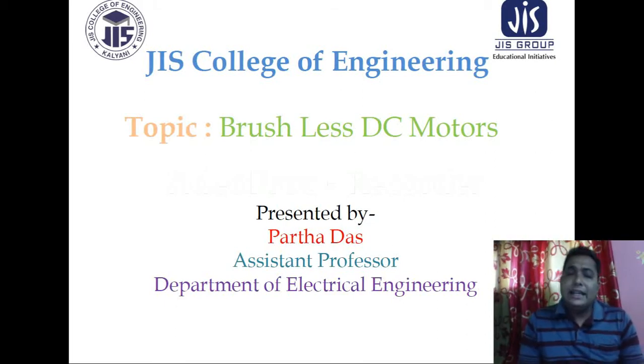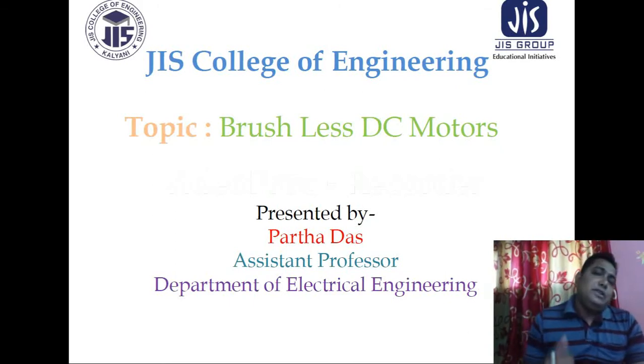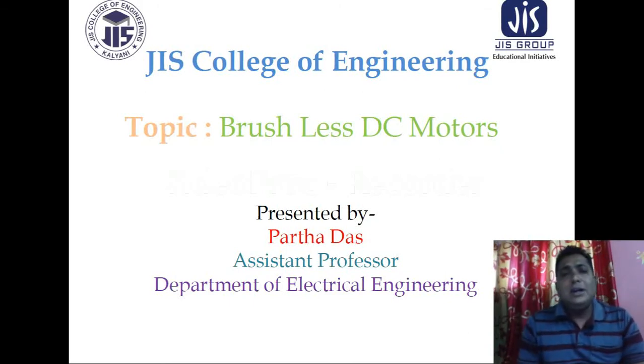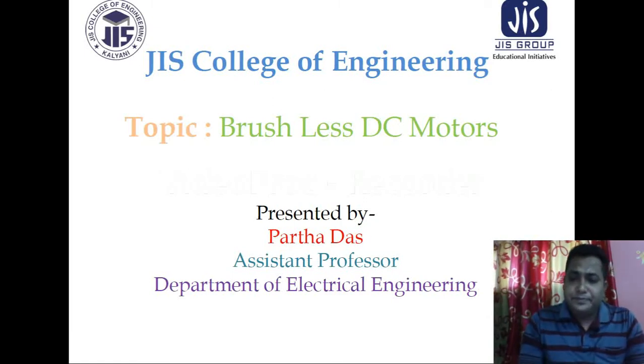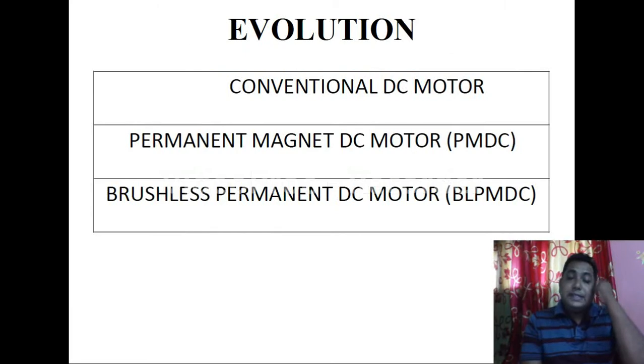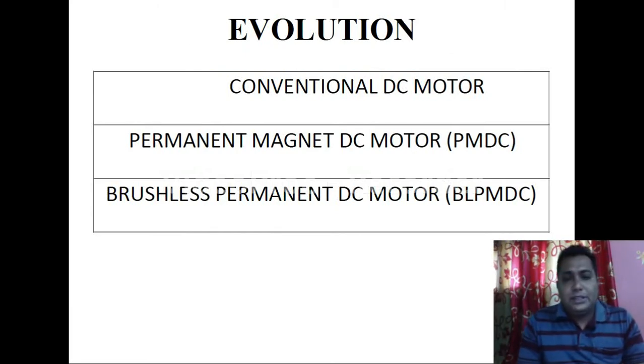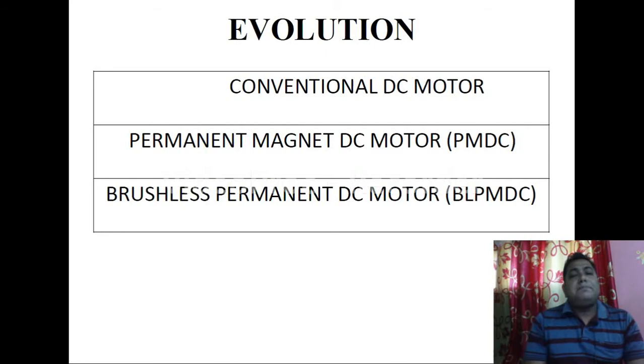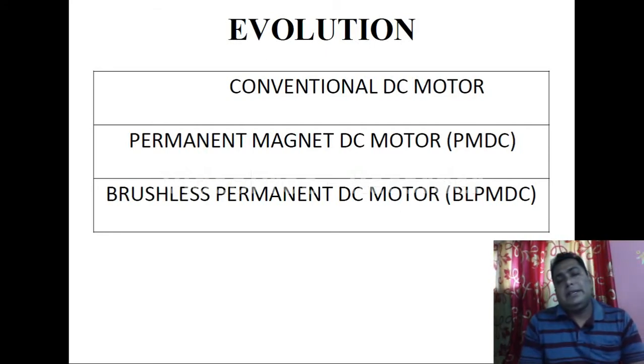Before that, we'll see briefly how the evolution is done in this domain, then we will go for the constructional features and the working principle. So let us start. As you can see, the evolution of the brushless DC motor is done this way. First there was the development of conventional DC motors, then permanent magnet DC motors, and then brushless permanent magnet DC motors.